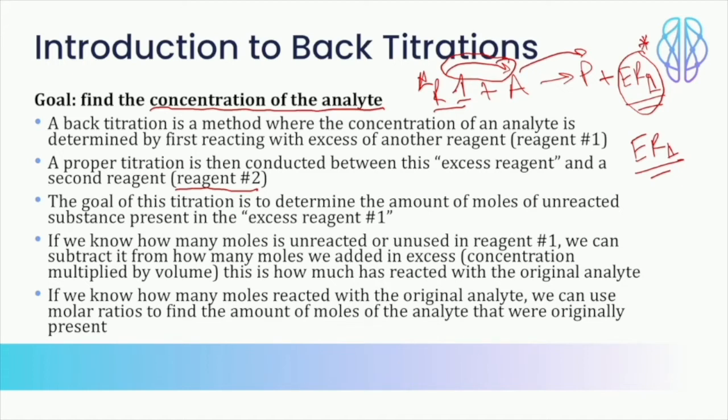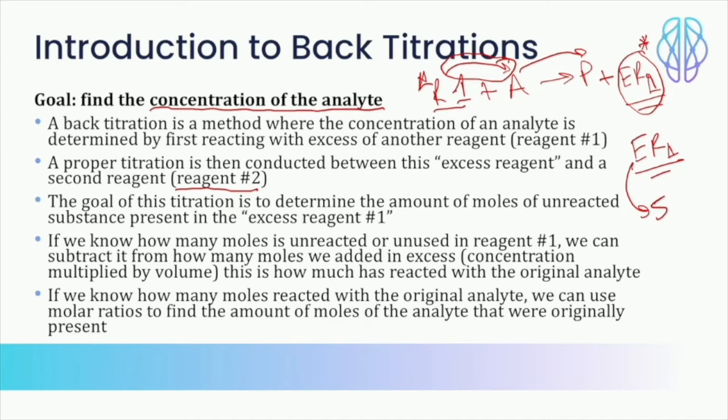And we get that by just minusing those two number of moles. So for example, if I add 10 moles in excess to react with the analyte, and from the titration, I found that I have 5 moles in excess. That means 10 minus 5, 5 moles were used to react with the analyte.